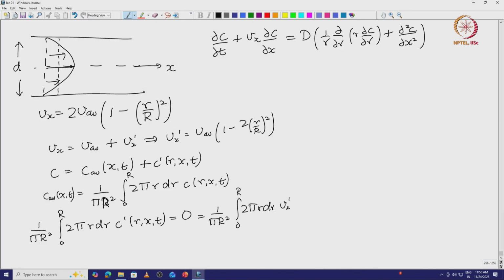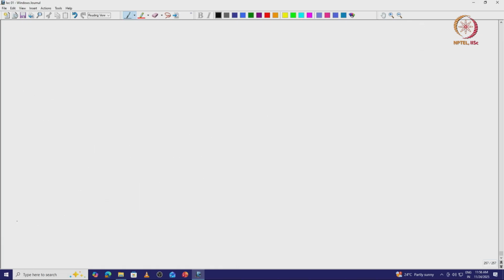Now, in Taylor dispersion, we are dealing with the axial flux. And the axial flux can be written as the cross section average of the total flux. We want an effective equation of the form D effective into partial C average by partial x. If the axial flux were written of this form, we want to know what is the effective dispersion coefficient.